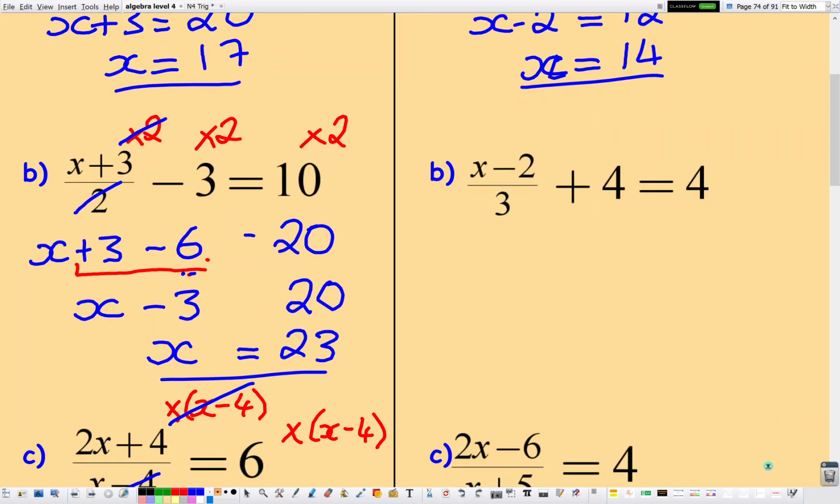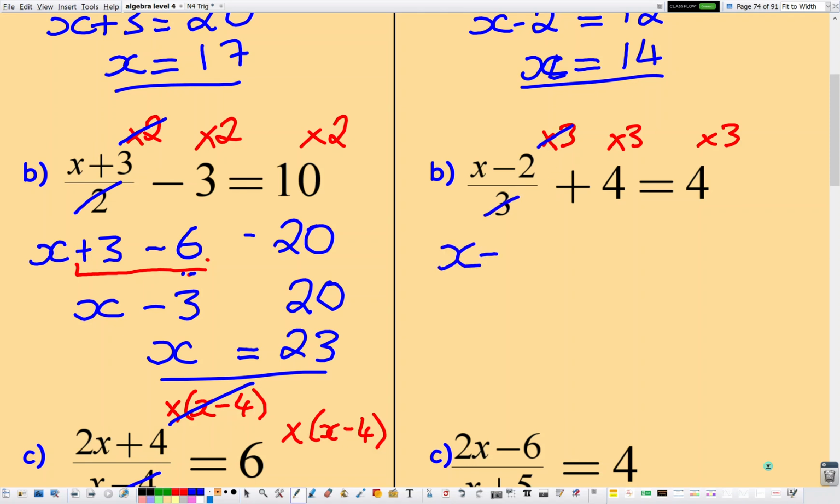There she is. x minus 2 over 3 plus 4 equals 4. Okay, so first thing is get rid of the fraction. Again, we're going to multiply by 3. Multiply every term by 3. Okay, so times 3 cancels with there.